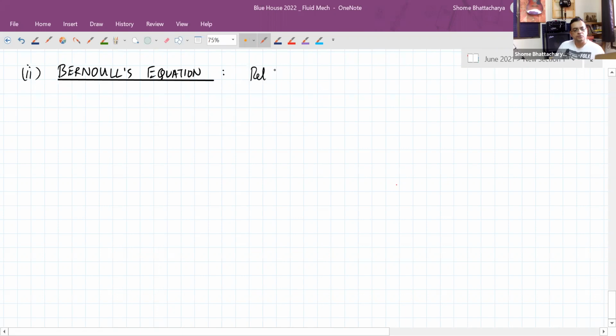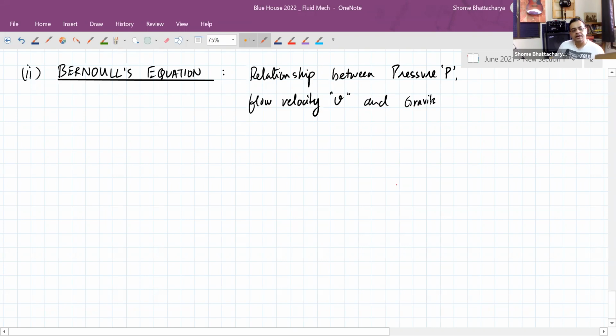It is a relationship between pressure, say P, flow velocity, but remember here by flow velocity I just mean the magnitude of the velocity, so it's more like flow speed, and actually gravitational potential energy.